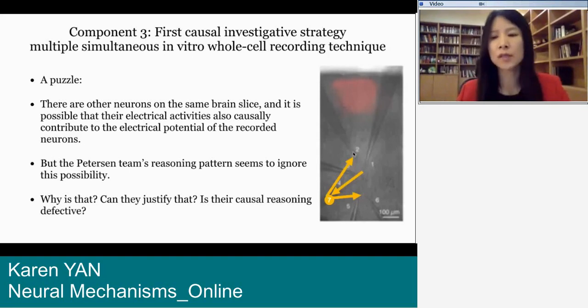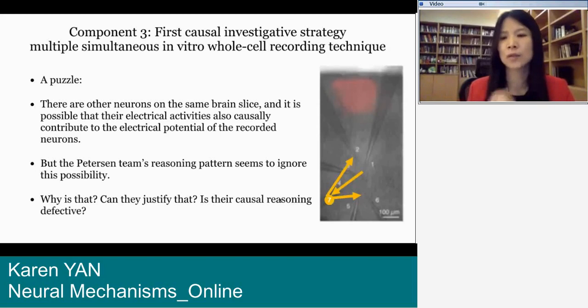Some philosophers analyzing causal reasoning think it's very important to make sure that you can demonstrate there's no hidden cause here that is actually the cause of neuron 2 or neuron 6. So by some standard proposed by philosophers, this is actually a defective causal reasoning. And so it's puzzling why they ignore this.